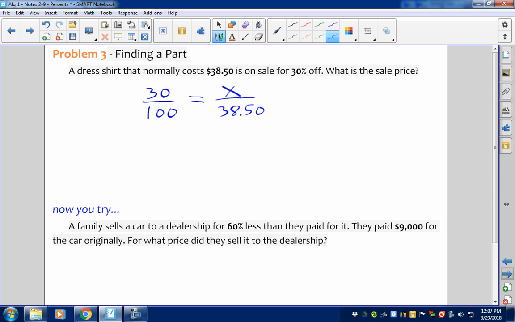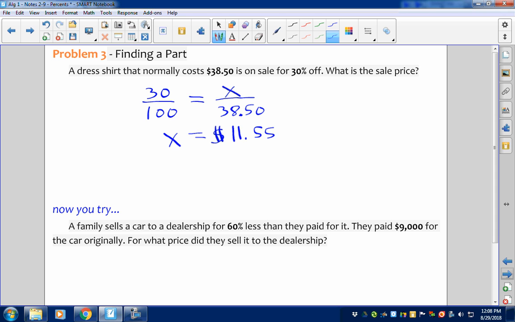So when I solve this, just understand that what we're finding is the amount of money we're going to take off of the original. So when I cross multiply here and solve, what do I get? If you could do the cross multiplying and dividing for me, what do you get? Yeah, and that equates to $11.55. So make sure you have this decimal in here, but $11.55.